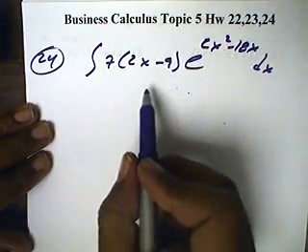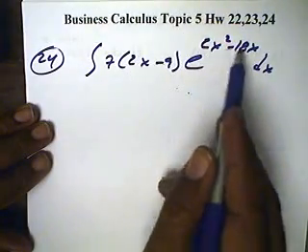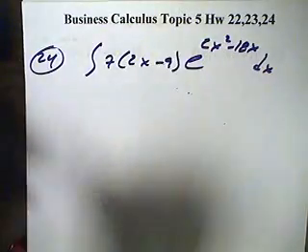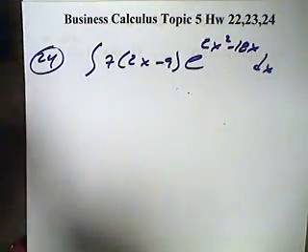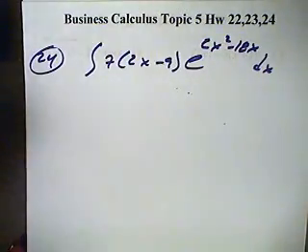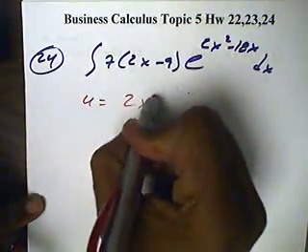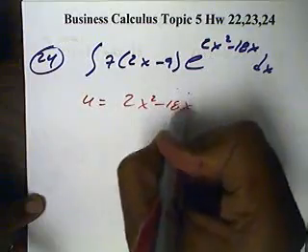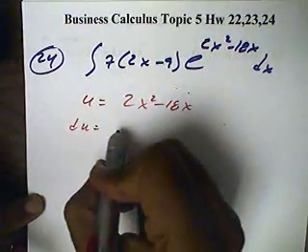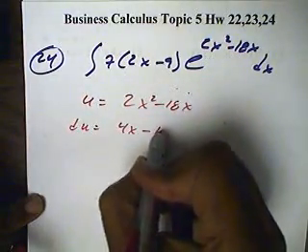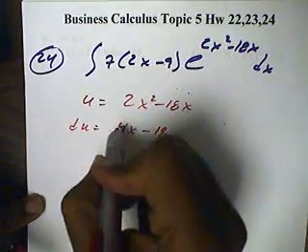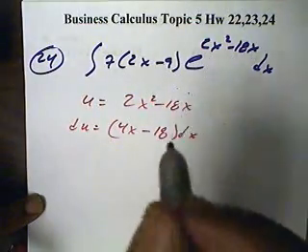Okay, first of all, we're going to set this up equal to u. I'll pull out that 7 in the next step after this. So u will represent 2x squared minus 18x. That means du is going to equal 4x minus 18, all times dx.